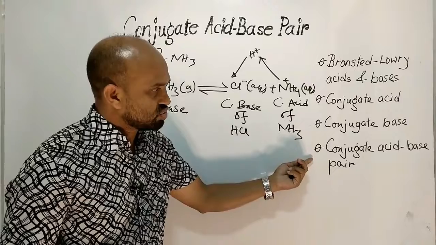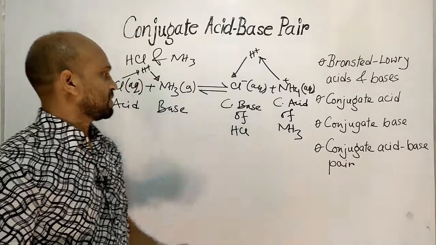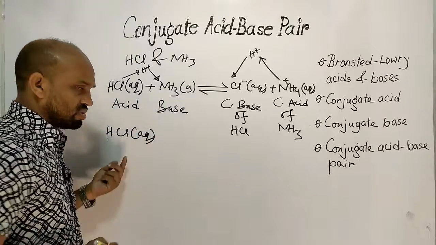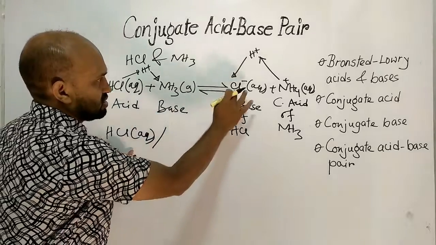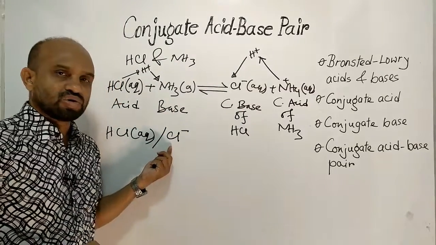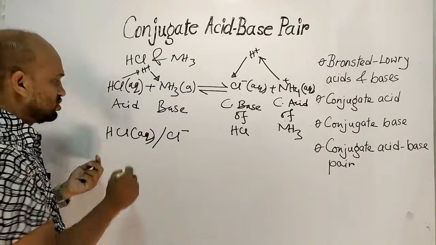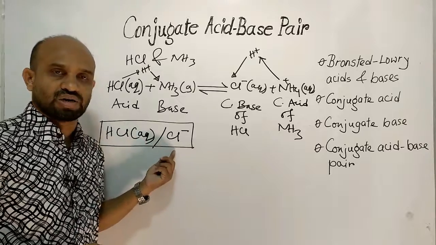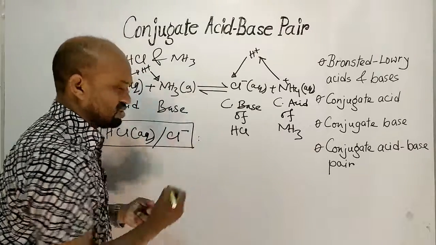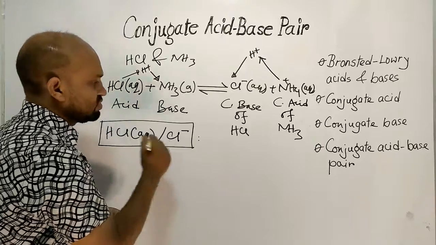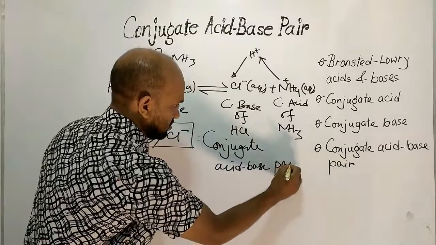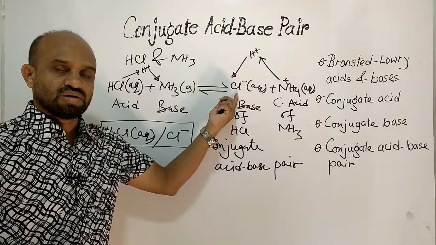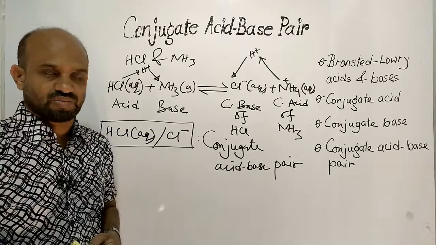Now let's see the conjugate acid-base pair. Here HCl is a kind of Bronsted-Lowry acid and chloride ion is a kind of conjugate base of this acid. So the pair of hydrochloric acid and chloride ion is called a conjugate acid-base pair.